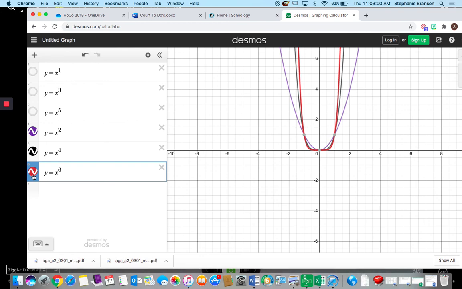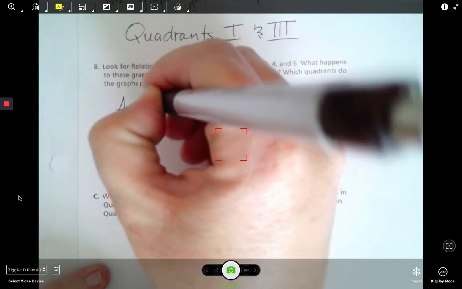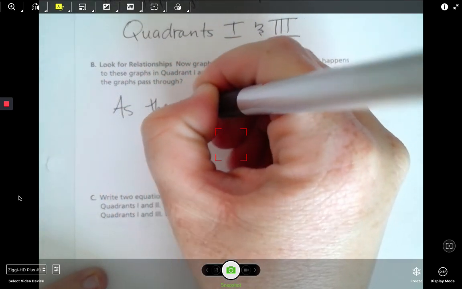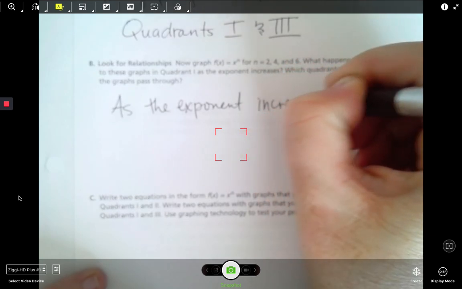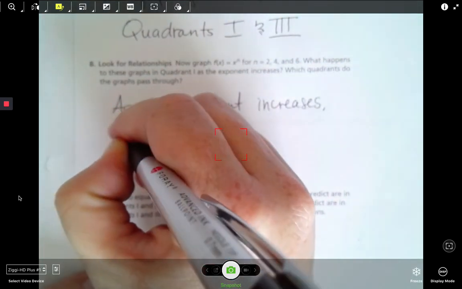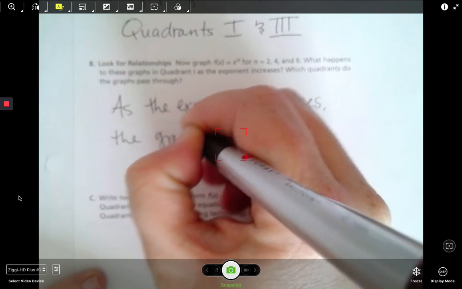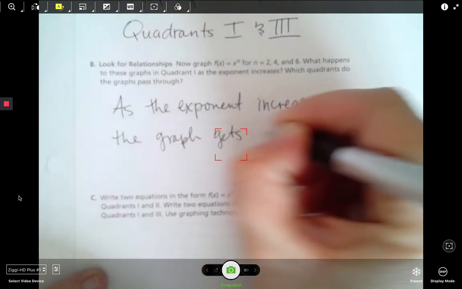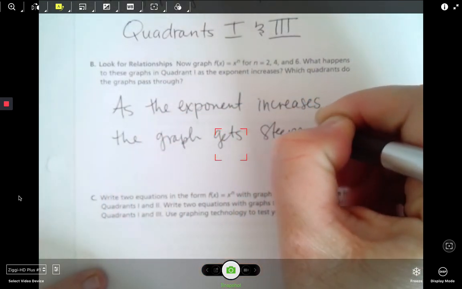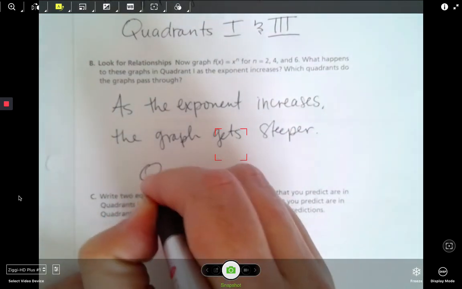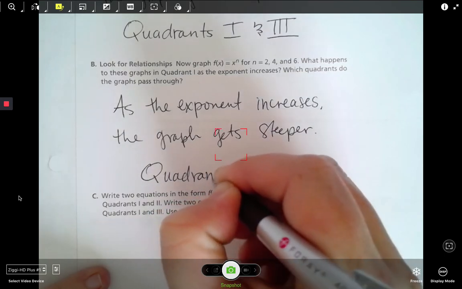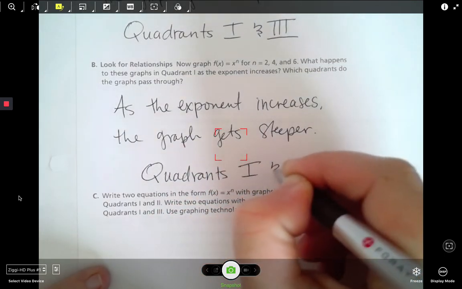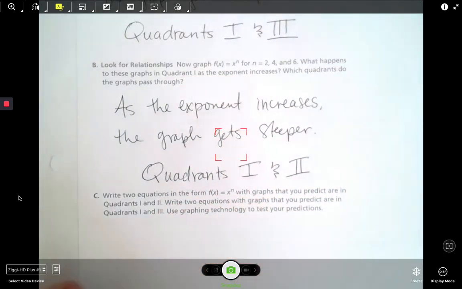So as the exponent increases again, the graph gets steeper. And this time, instead of quadrants 1 and 3, we were in quadrants 1 and 2.